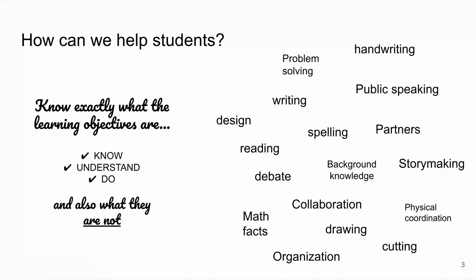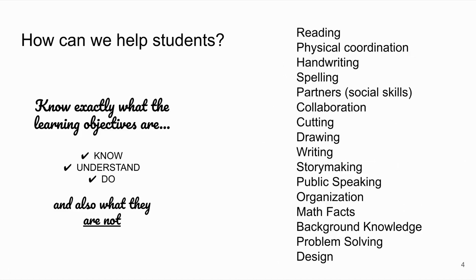And what makes this whole thing even harder is that a lot of teachers focus pretty narrowly on a few excessively normative school skills. And so, if we were going to put all of those different things to know, understand, and do in a big list, and then choose which ones we think are most important, those are probably the ones that our lessons are going to tend to focus on a whole lot.